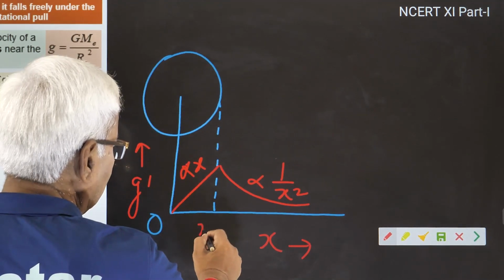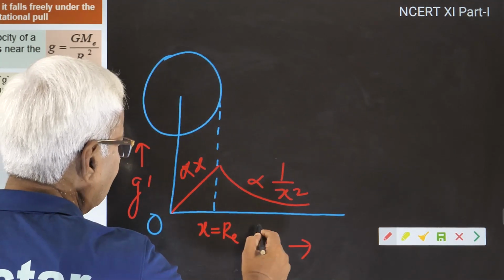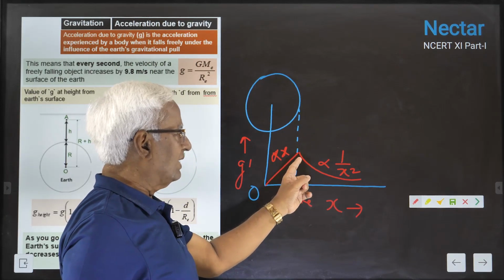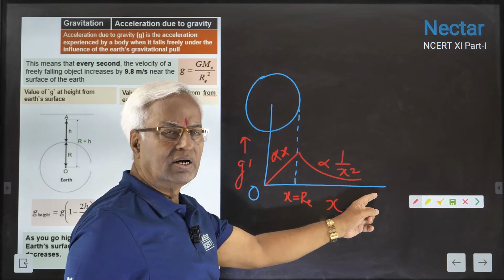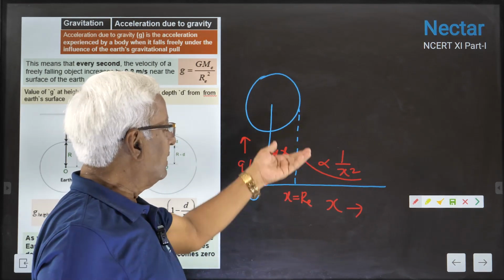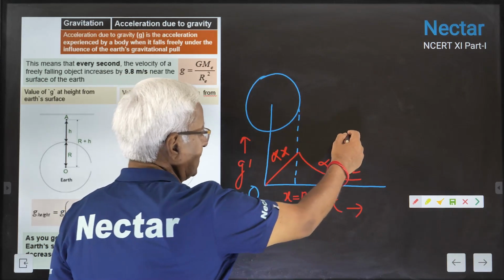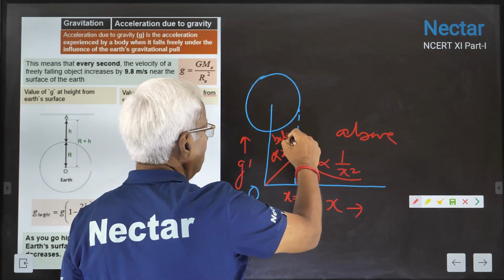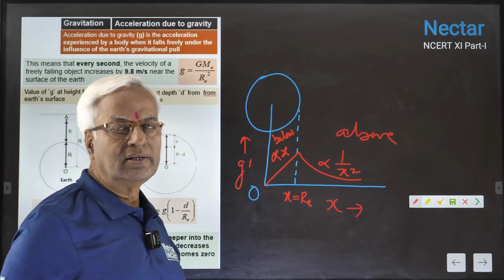That means it becomes maximum at the surface. It starts from 0, goes to maximum, and then starts decreasing along a curve. This is the variation in value of g above and below the surface. It's above. This is below the variation in g.